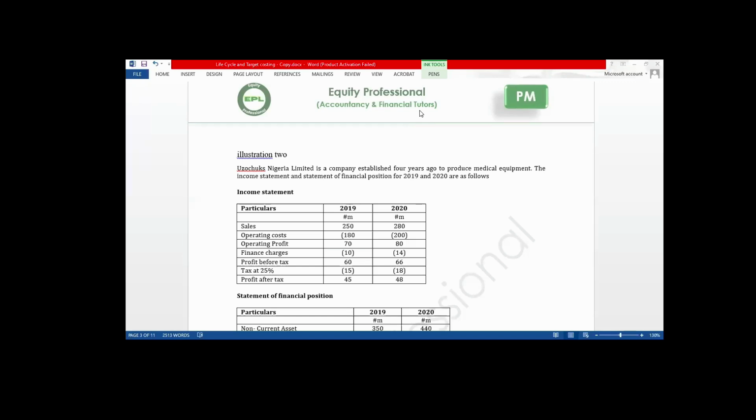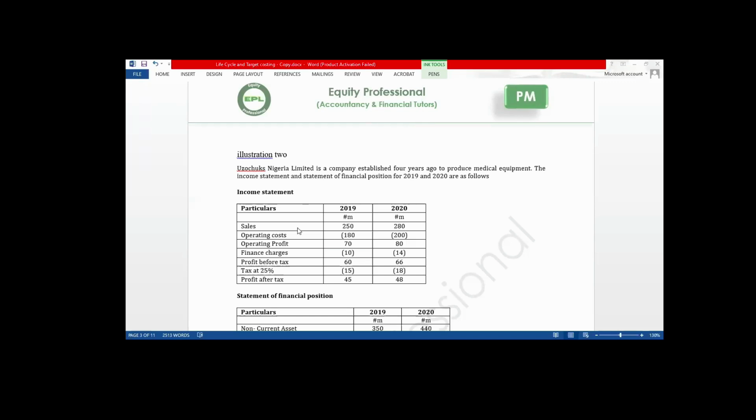Look at the income statements. We have the sales for 2019-2020. We have the operating cost. We have the operating profit. Please remember, your operating profit is also your profit before interest and tax.